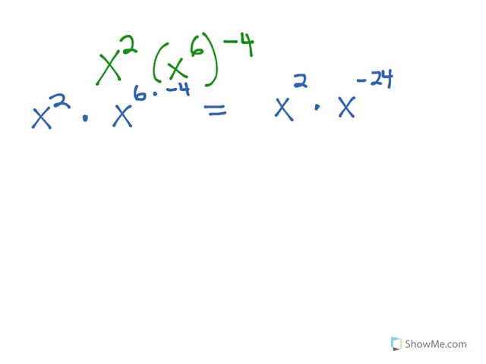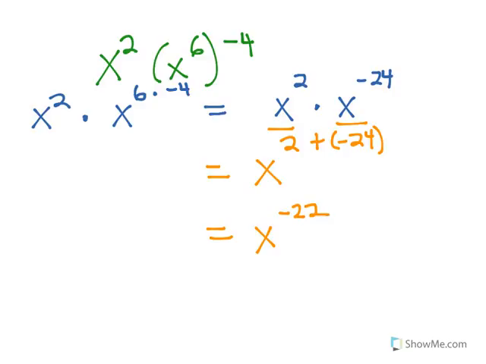We have the same base, so we keep the base of x and add the exponents, 2 plus a negative 24. And so our answer becomes x to the negative 22.